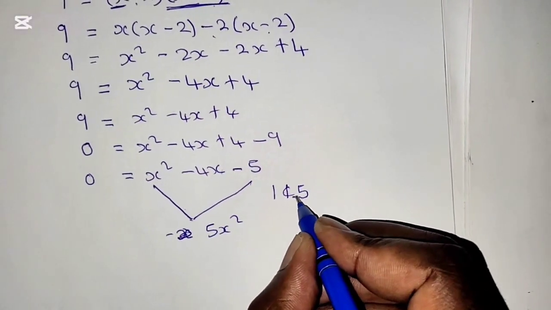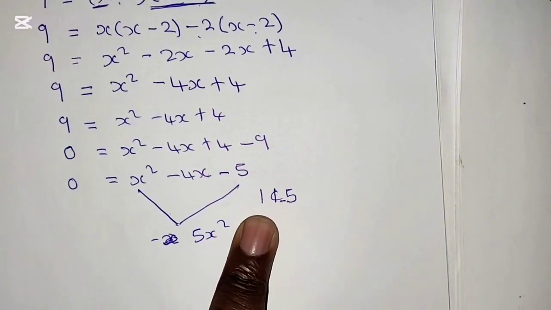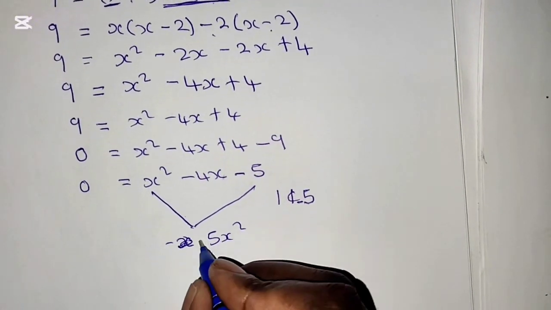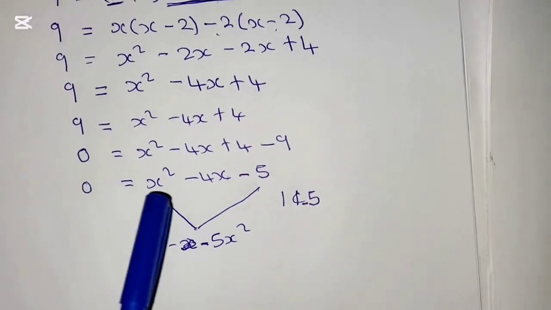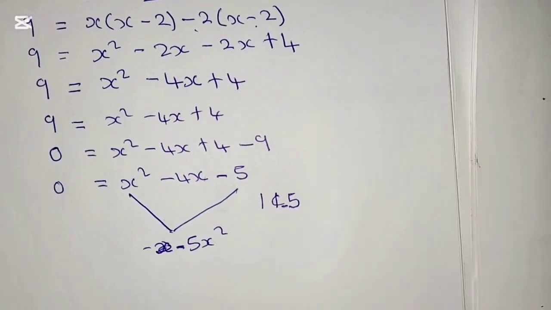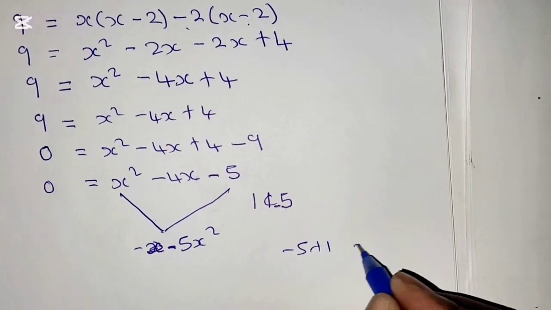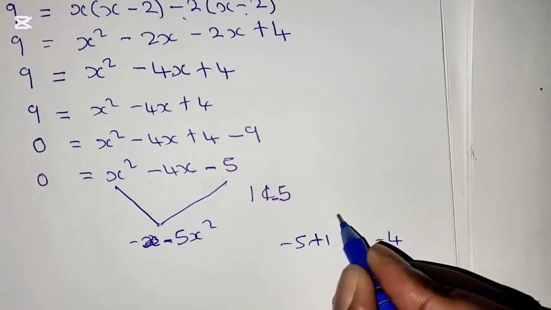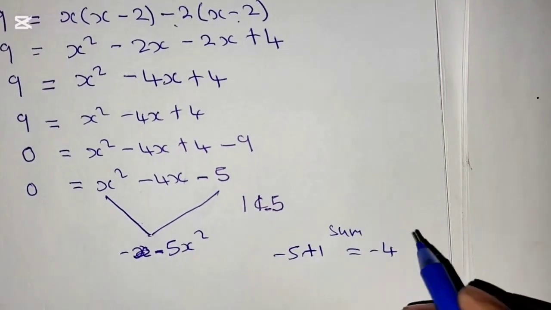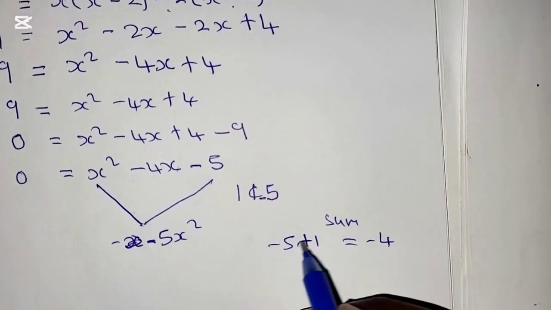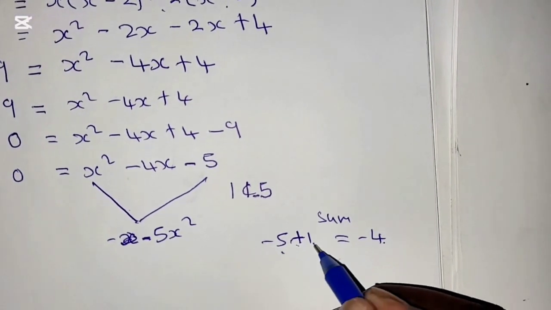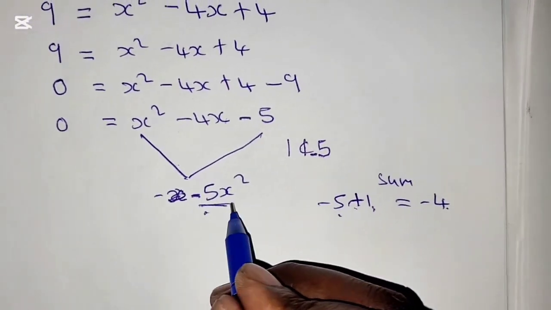So it will be negative 5 multiplied by positive 1. Minus 5 times 1, we get minus what? 5x. Then if we add minus 5 plus 1, we get negative 4. That's the sum. Sum is addition, then product, that's multiplication. So minus 5 plus 1, that's minus 4, and minus 5 times 1, that's minus 5x squared.